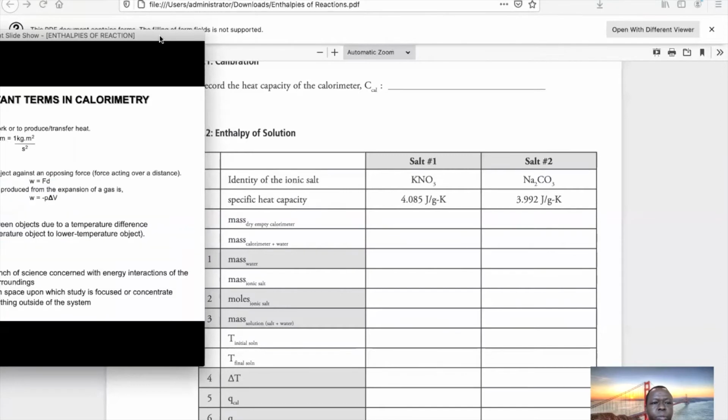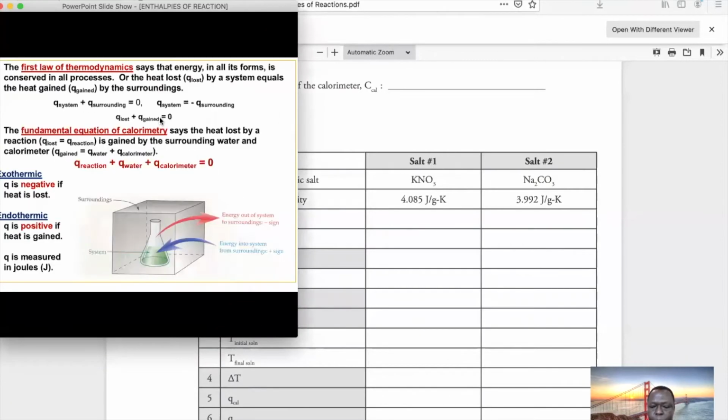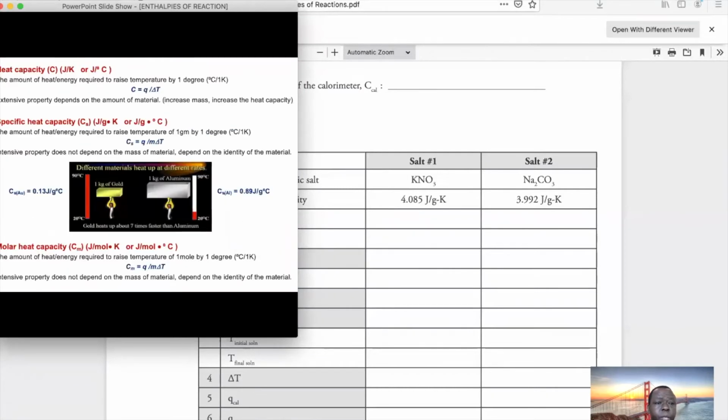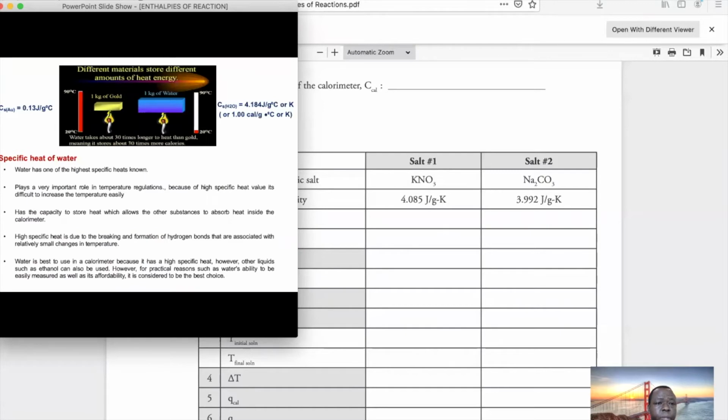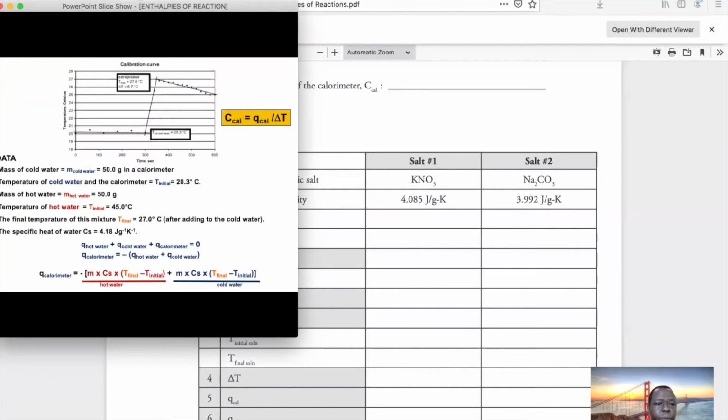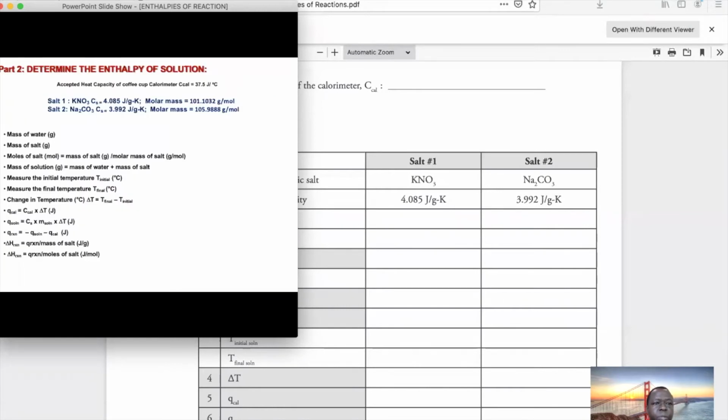You may want to refer to the PowerPoint slide, and then we see what is the mass of the salt 1. Look at this. For salt number 1, this is the specific heat. You are given the molar mass. This is salt 2. You are given the specific heat. You already have it here. And the molar mass of each one of them.